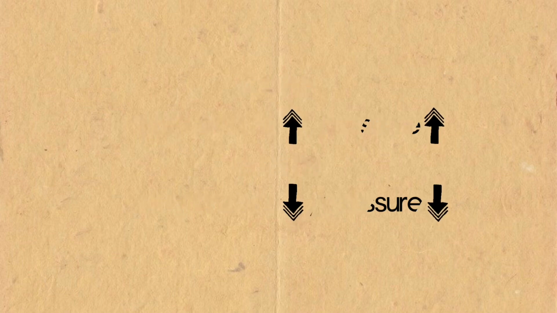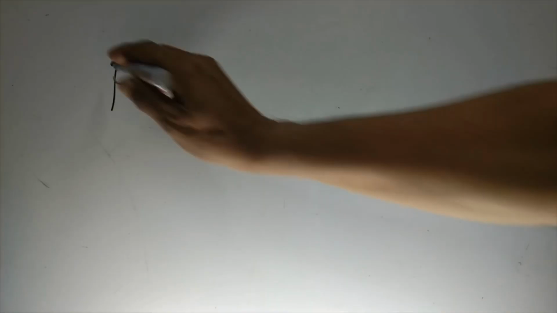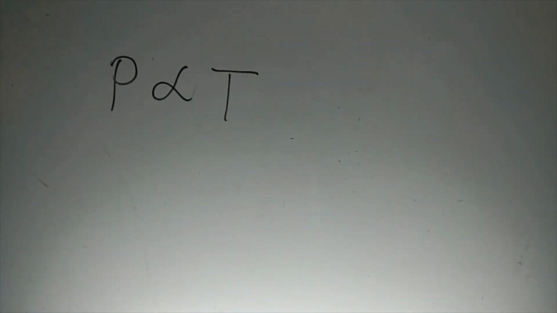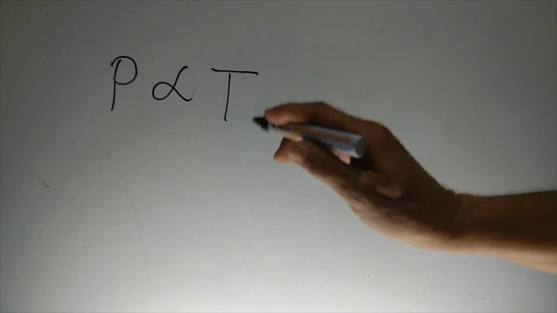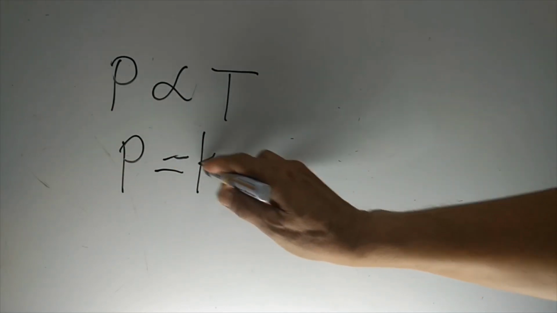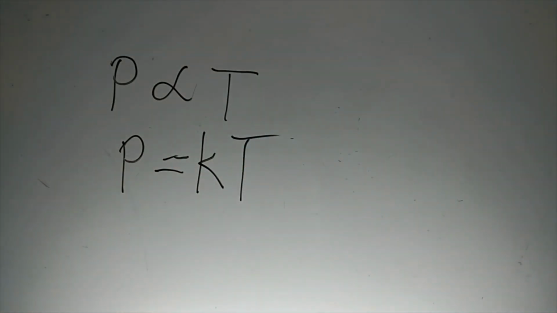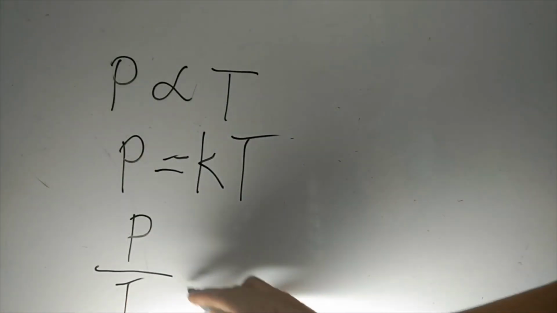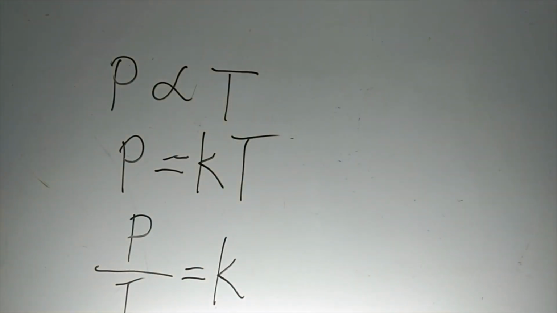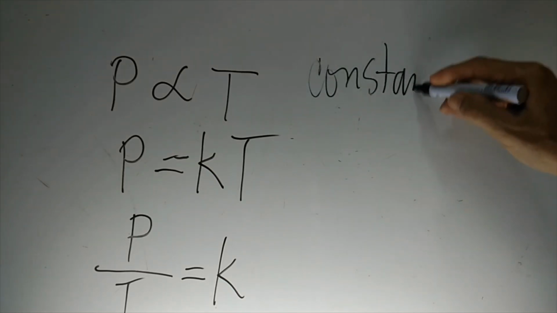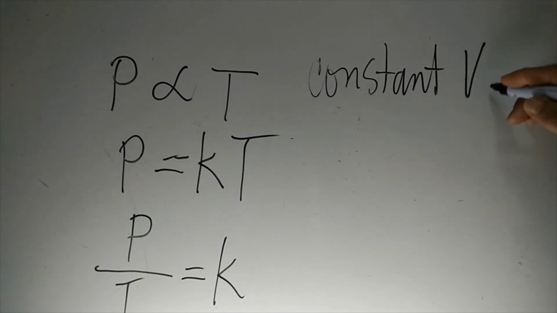Expressing Gay-Lussac's law in symbols, P is directly proportional to T. Expressing this mathematically, this becomes P is equal to a constant times T. Simplifying, this will become P over T is equal to a constant, with the condition that it should have a constant volume and amount of gas.